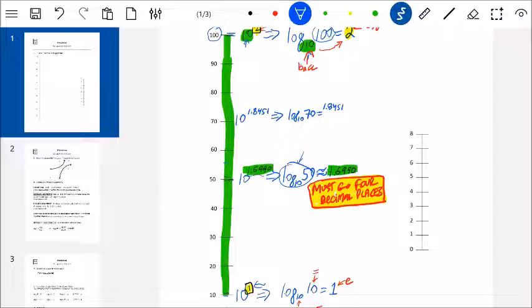You would think that this would be approximately 10 to the 1.5, halfway between them, but it's not. Notice that the 1.699 is way higher than that.